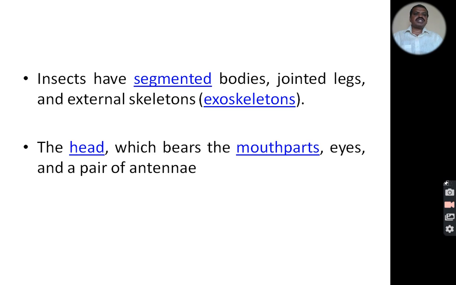These are very important structures, accordingly modified in different insects according to their food habits. A pair of antenna and eyes are the important sensory structures present in the head in order to recognize the surrounding environment.